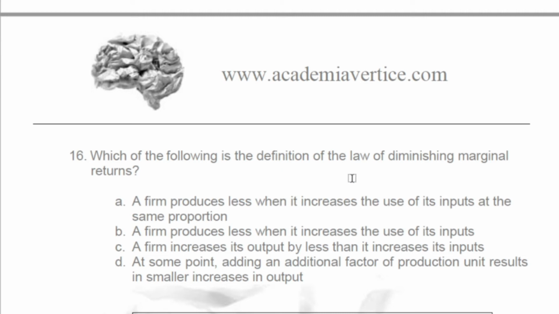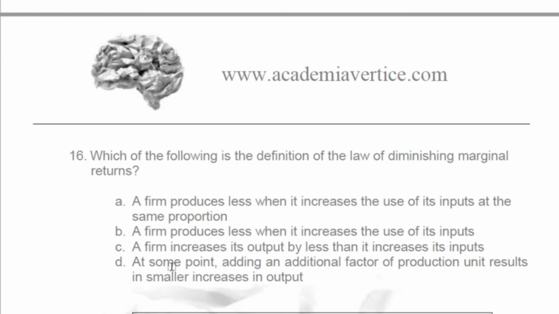When we talk about the short run in micro, we're talking about circumstances where the firm can't change the quantity it uses of one input. At least one input is fixed. So the law of diminishing marginal returns concerns the short run. We can't talk about changing all the inputs in the same proportion.